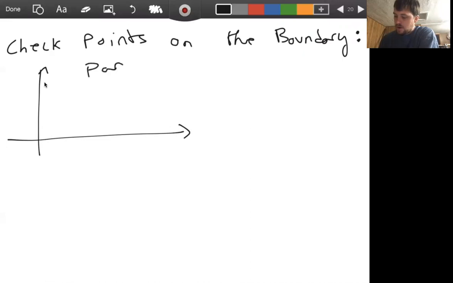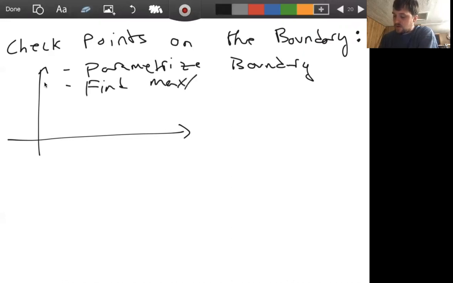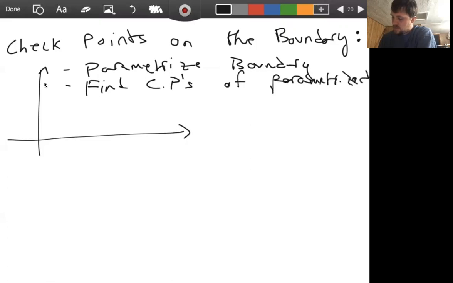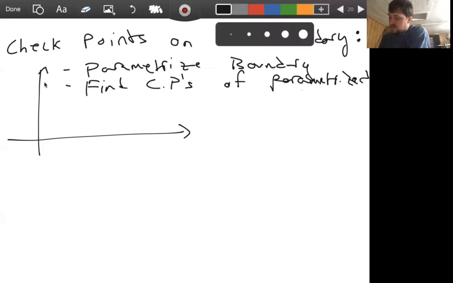You parameterize the boundary and then find critical points of the parameterized function.